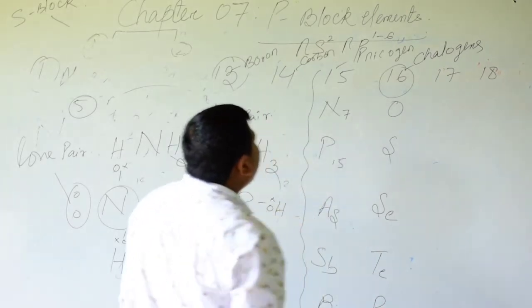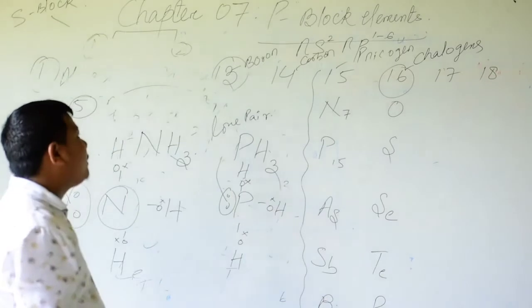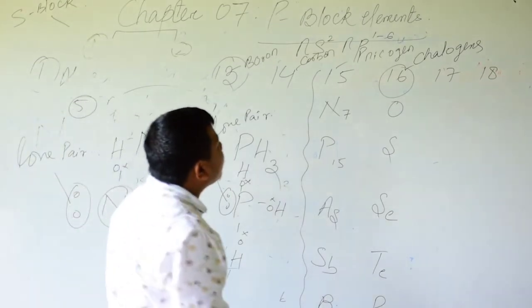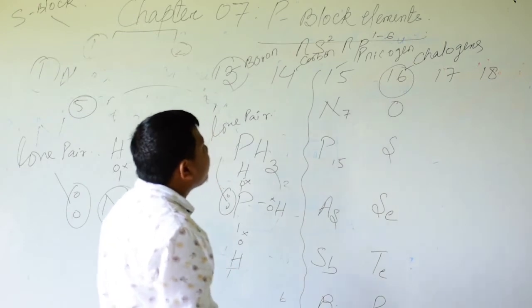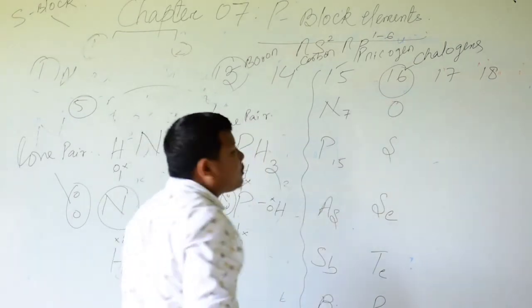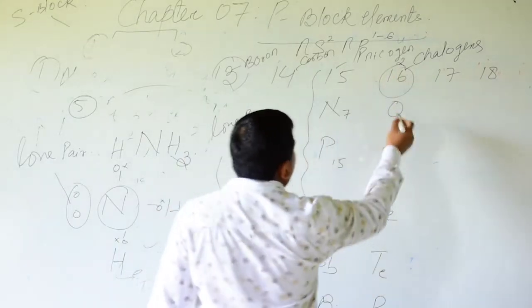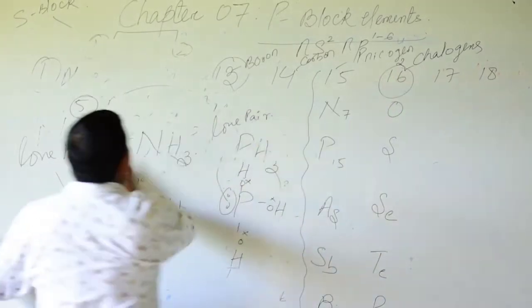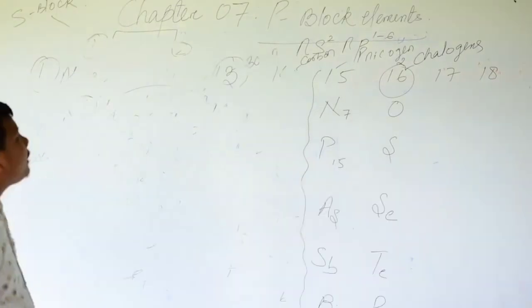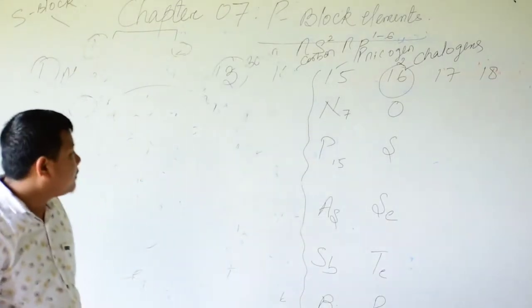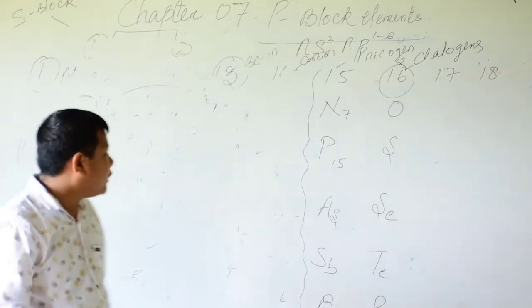So over here also the reactivity and the configuration of this family will be, since the outermost shell of group number 16 is 6, as the reaction I'm going to show you. In group number 16 we have oxygen, sulfur, selenium, tellurium and polonium.